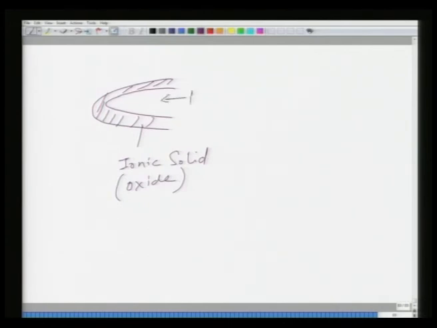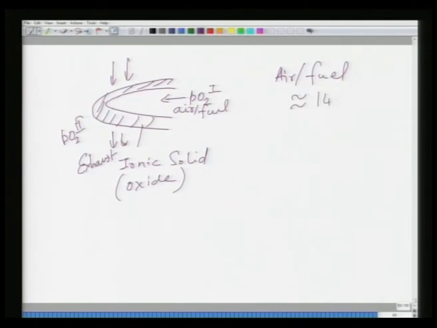So, you have partial pressure of oxygen PO2 1 here, PO2 2 here. Typically, you will have air to fuel ratio supply here, and the outer side is exposed to exhaust gases, and this gives a differential oxygen partial pressure, because the air to fuel ratio in case of automobiles, 14.5 is the optimum. Okay.